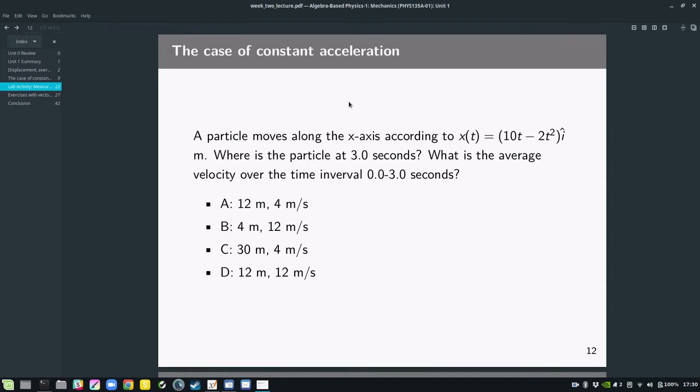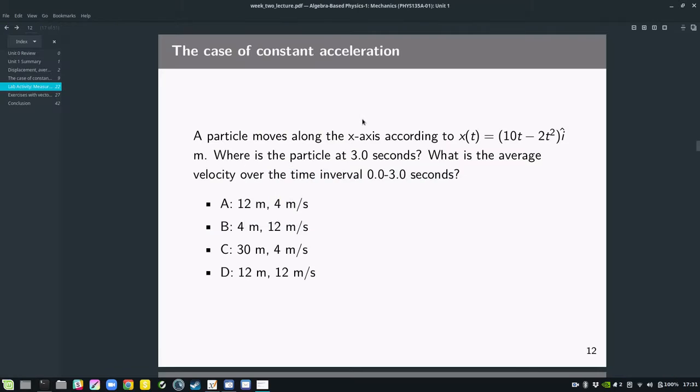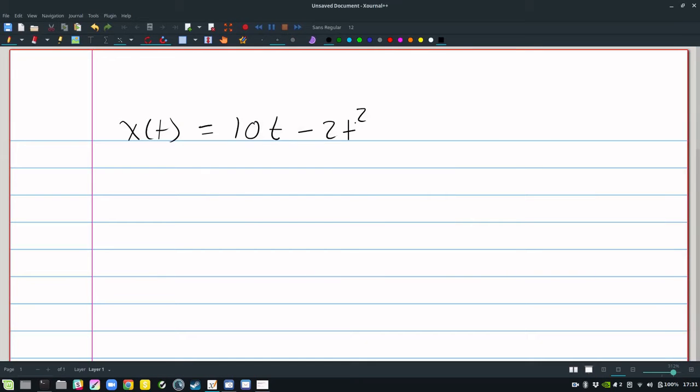So we're going to switch over to a blank sheet of paper, and our x as a function of time is 10t minus 2t squared. Let's double check. Yeah, 2t squared.